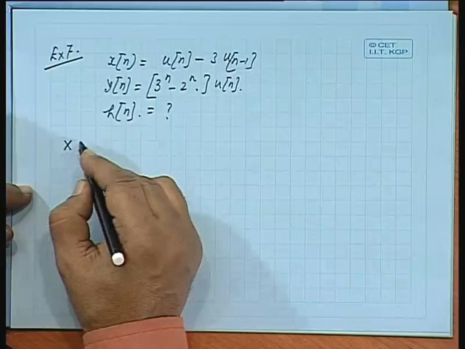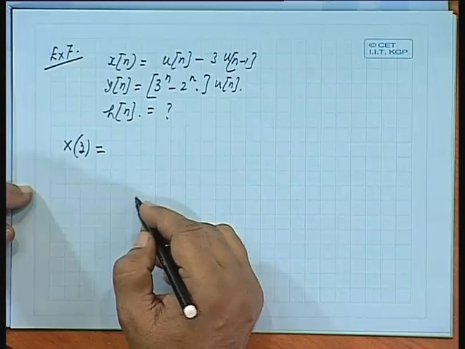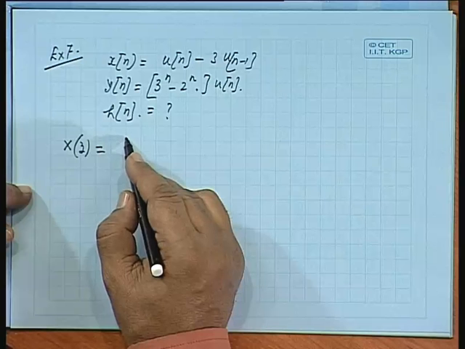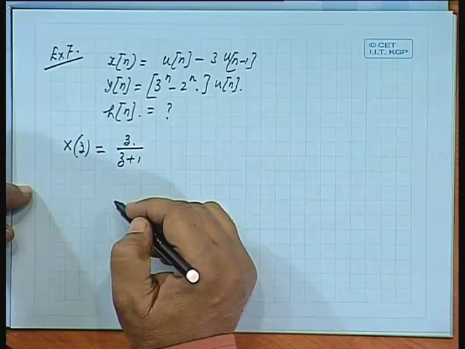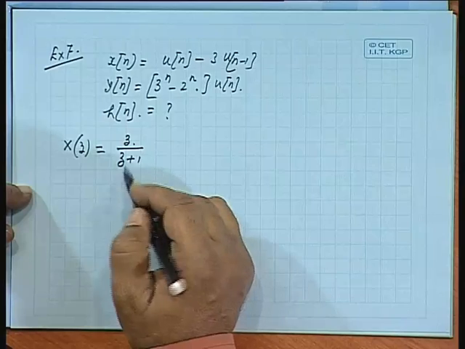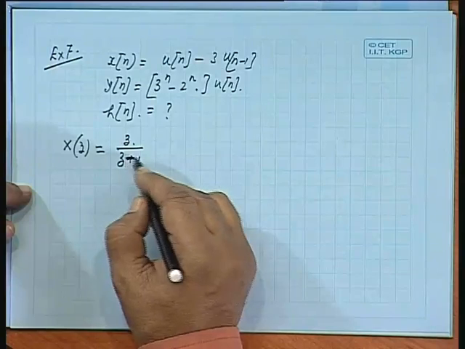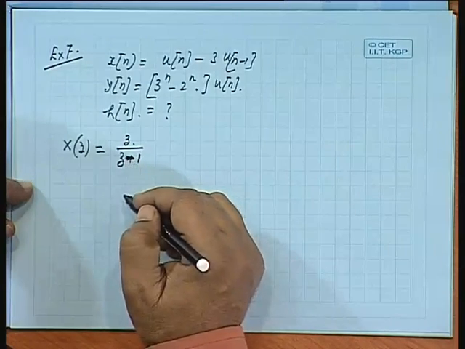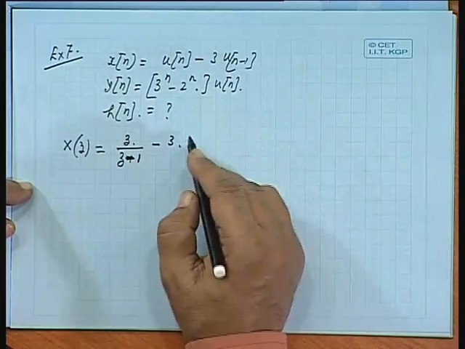So, let us compute Xz. It will be z by z minus 1, minus 3 into un minus 1.